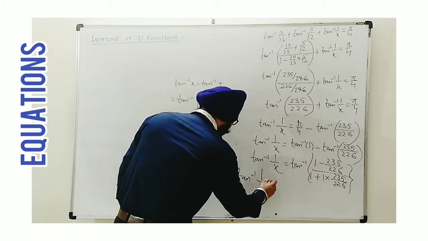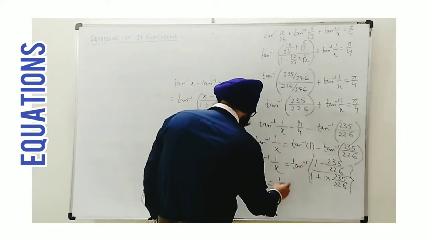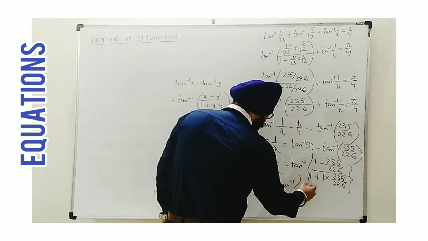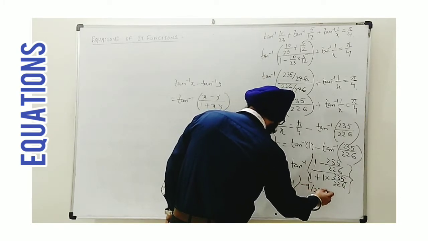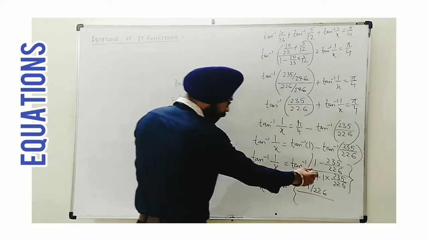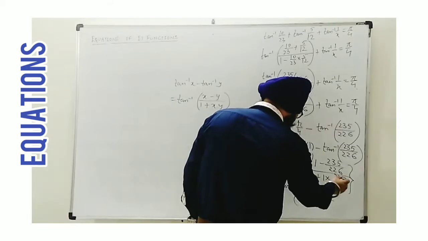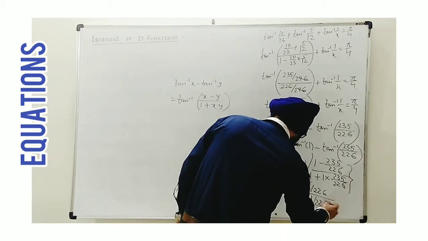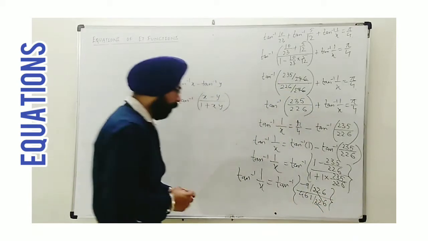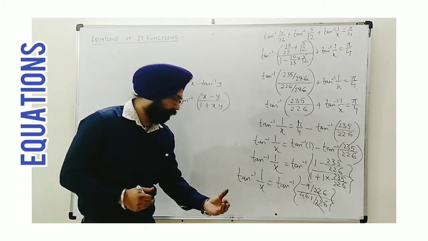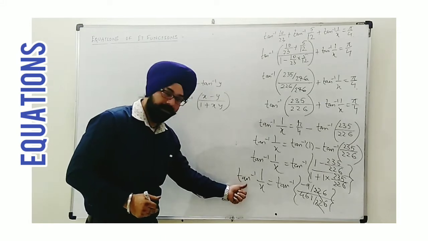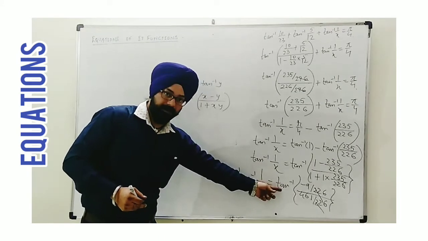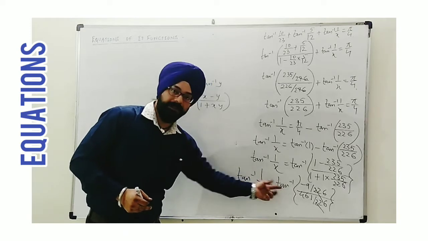Tan inverse 1 upon x is equal to tan inverse of (226 minus 235, which is minus 9, upon 226), and here 226 plus 235 is 461 upon 226. These two 226 cancel out. Now whenever you get such a situation, we are having tan inverse as a single term, and the right hand side also the same function, then directly we can eliminate both the tan inverse.